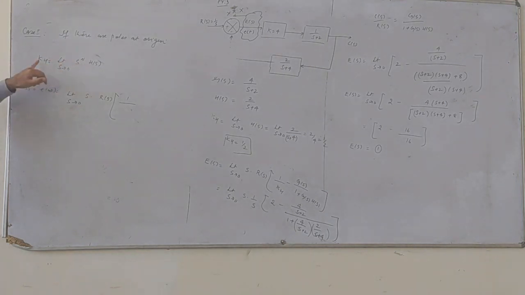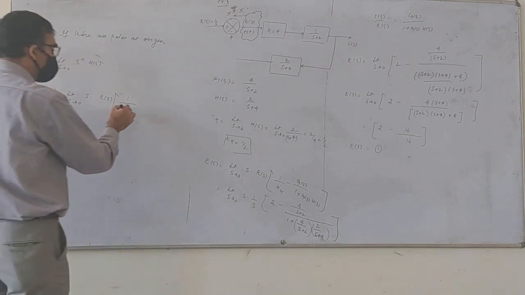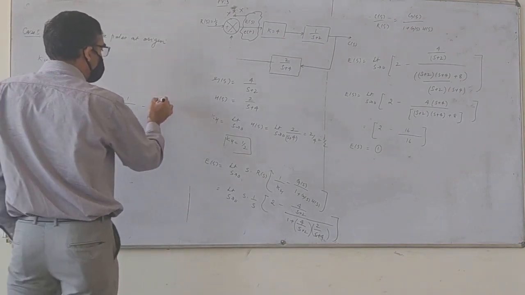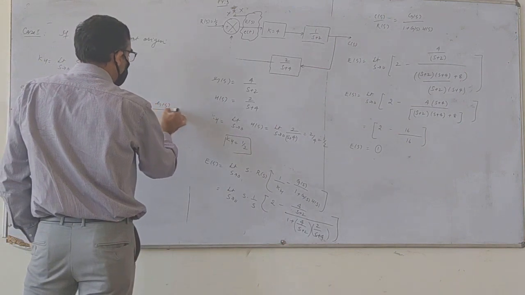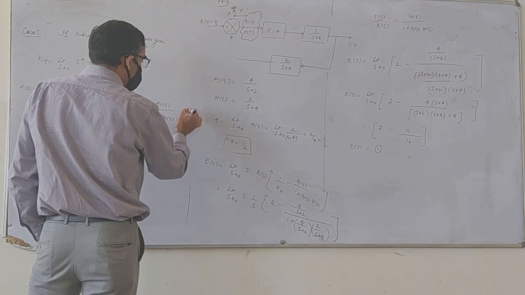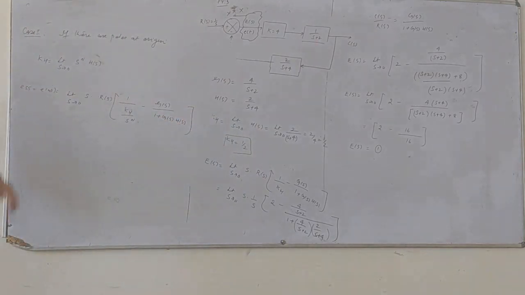So H(s) will be equal to K_H divided by s raised to the power n. It will be the same G(s) over 1 plus G(s)H(s). This is the only change you have to make, because the feedback loop will be there. That formula you have to take into consideration.